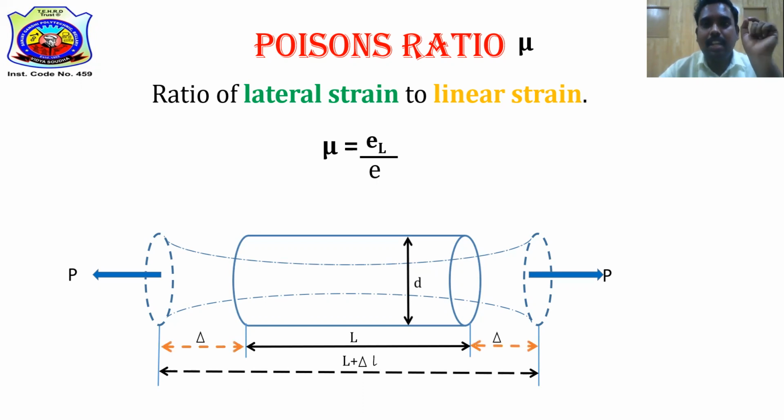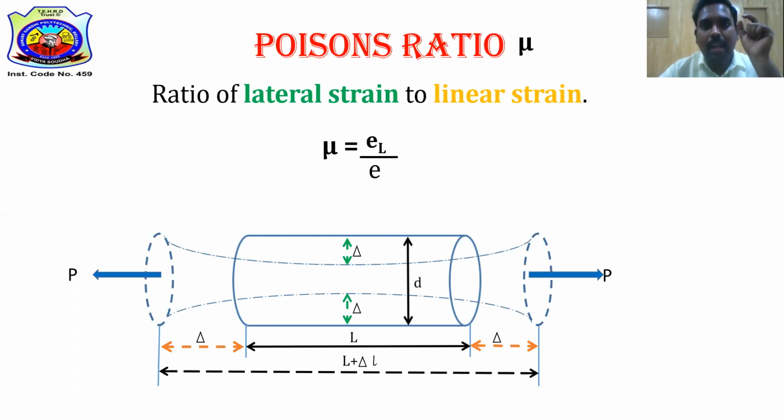The same change in length is represented with orange arrow marks indicated with delta. In the same way, on clear observation, the diameter is also changed, represented with green arrow marks indicated by delta.